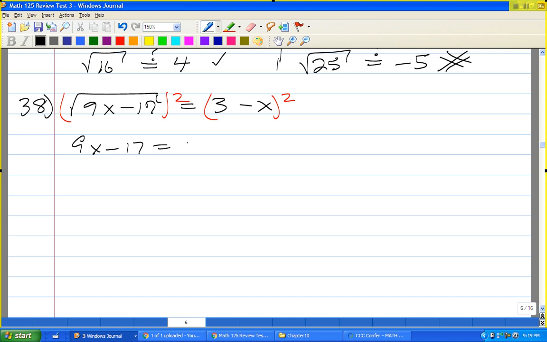is equal to, well, let's multiply this out. By the special product formula, this is just 3 squared, 9. 3 times negative x times 2 is a negative 6x. Plus, well, x squared is x squared. Okay, so let me subtract 9x and add 17 to both sides of my equation.